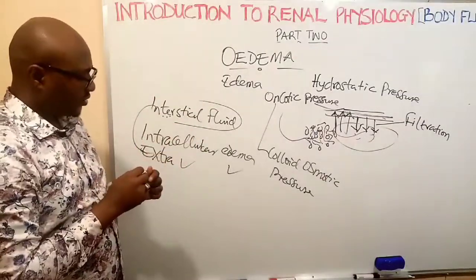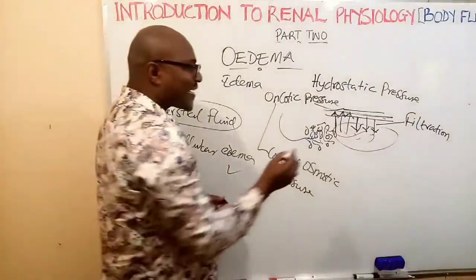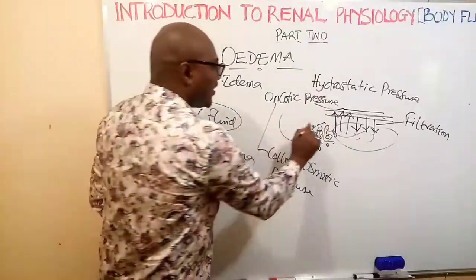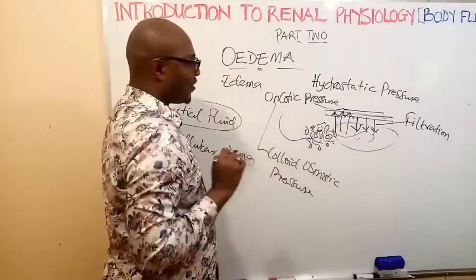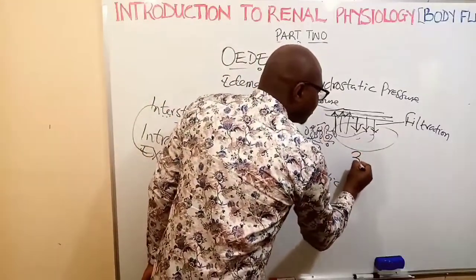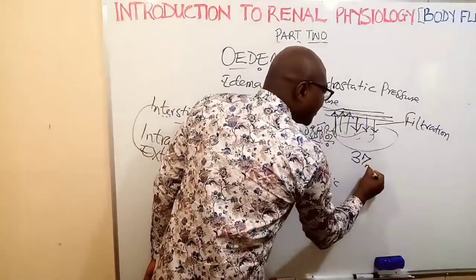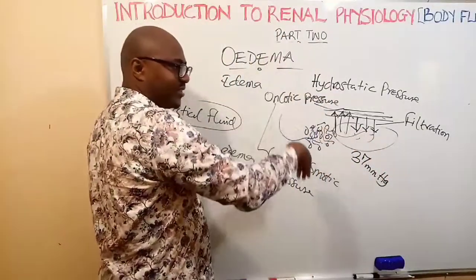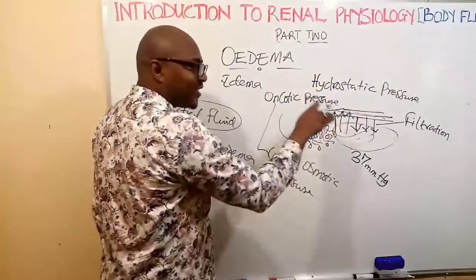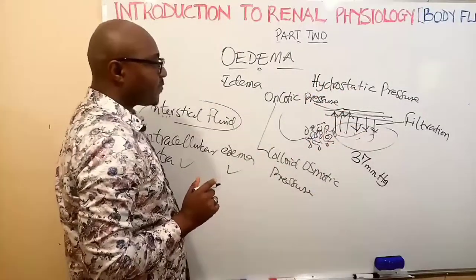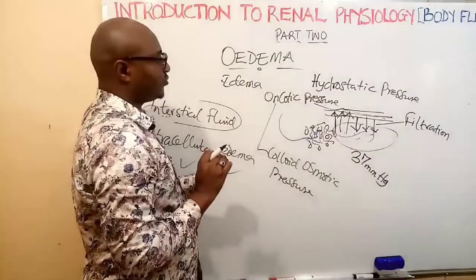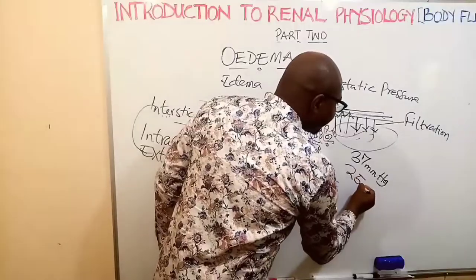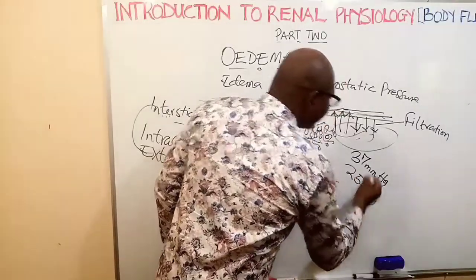So what happens is that at the arterial side of the capillary, the hydrostatic pressure is about 37 millimeters of mercury, which is pushing fluid out, filtering it into the space. Okay, then the oncotic pressure is about 25 millimeters of mercury.